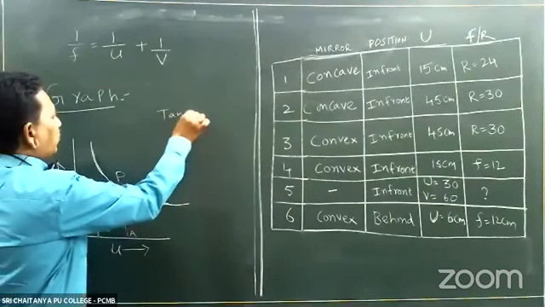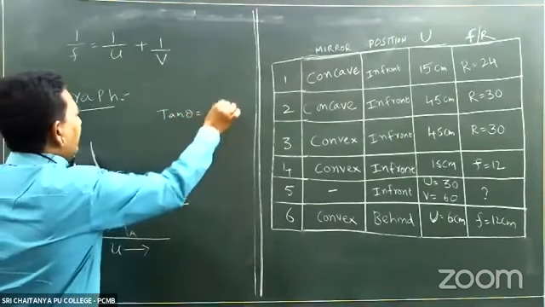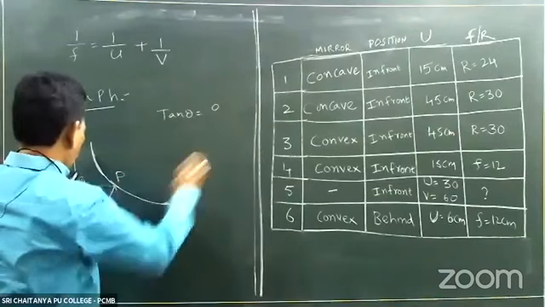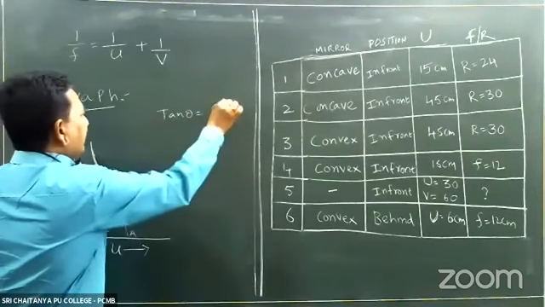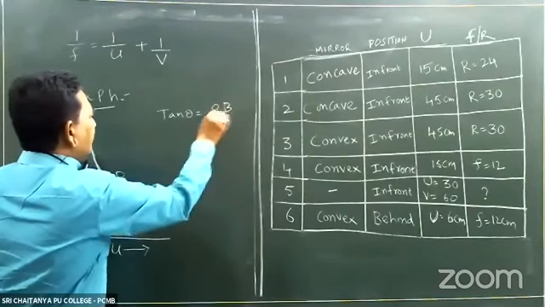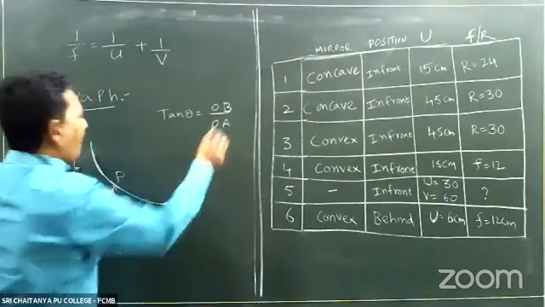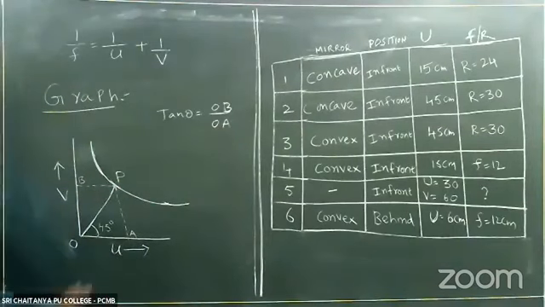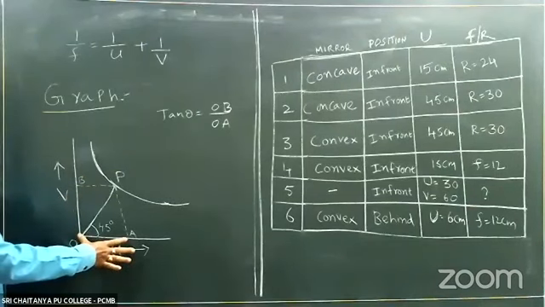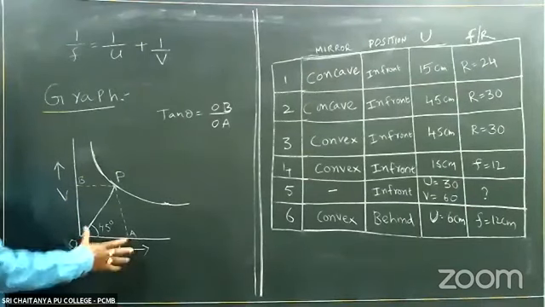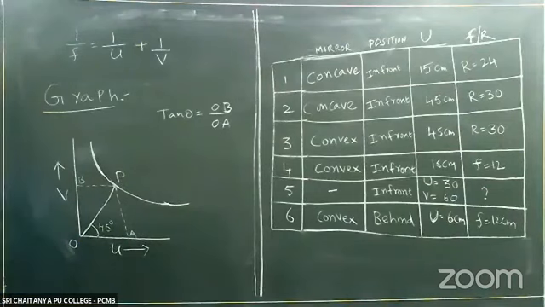Tan theta is equal to OB divided by OA, because PA is nothing but OB, divided by OA, opposite by adjacent side.